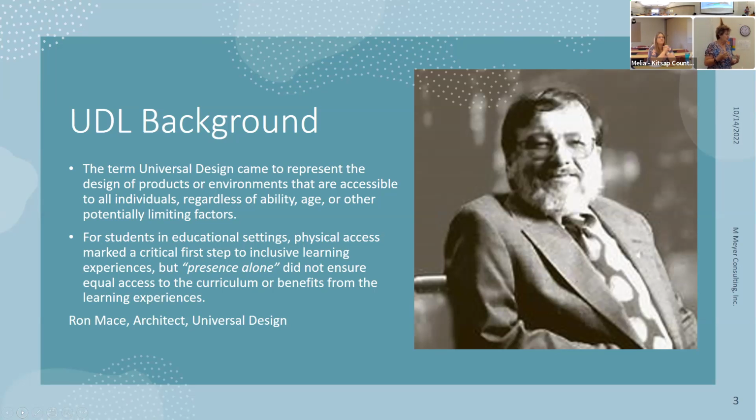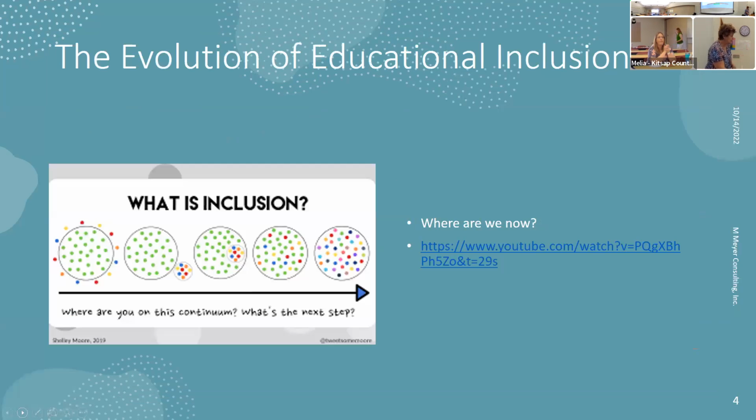And then for students, physical access marked a critical step to inclusive learning experiences, but presence alone, we know, does not ensure that there's going to be equal access to curriculum. Hence, that is where universal design for learning really spawned, per se.